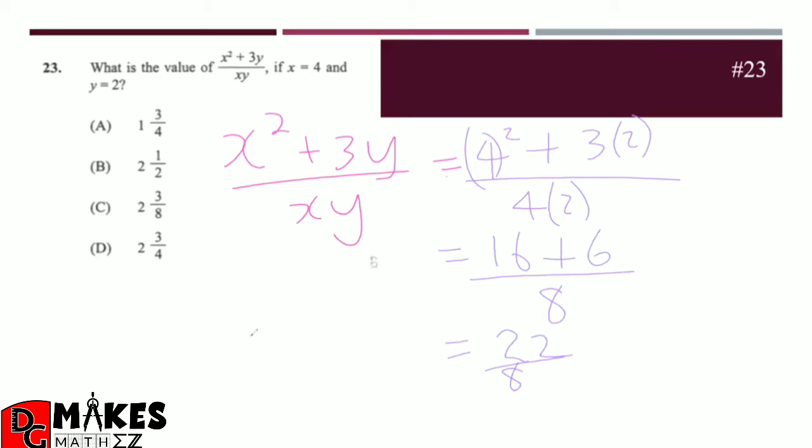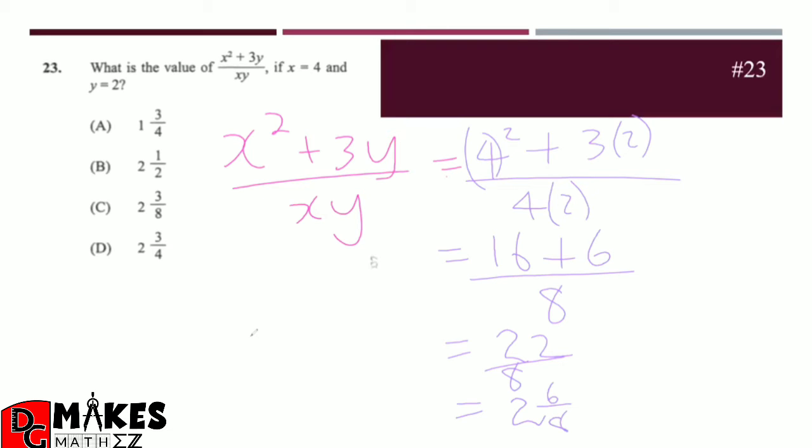And then that means we can also simplify. Whether you want to change now to a mixed number or you want to simplify it first and then change to a mixed number, either way, you'll be fine and you'll be correct. All right, so changing this to a mixed number, we get 2, 18 to 22 goes 2 times, remainder 6 over 8.